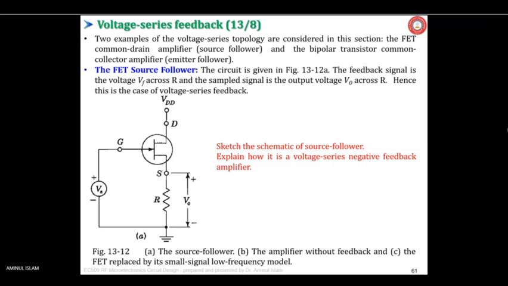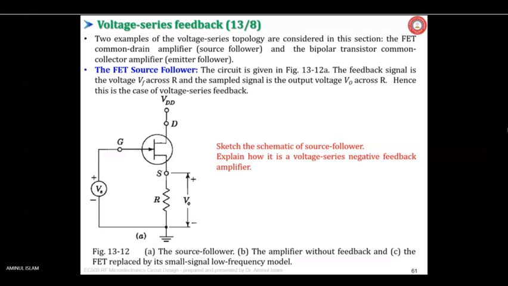First of all, tell me how. Explain how it is a voltage series negative feedback amplifier. We have got the idea of the negative feedback amplifier in the form of a block diagram. You tell what this circuit actually is, how we can say it is a voltage series, negative feedback.